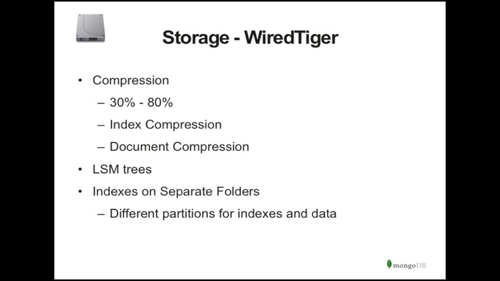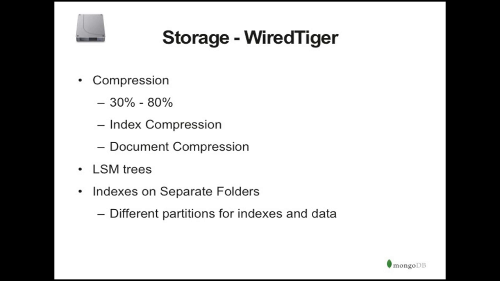With WiredTiger, which is coming, we're going to add some nice things that will help save some storage, but also consider that when we compress, for example, we're going to be using more CPU cycles. So have that in your calculations when you are determining the capacity that you need.